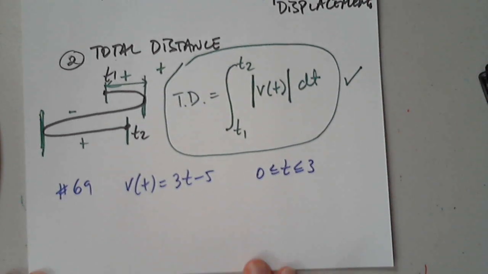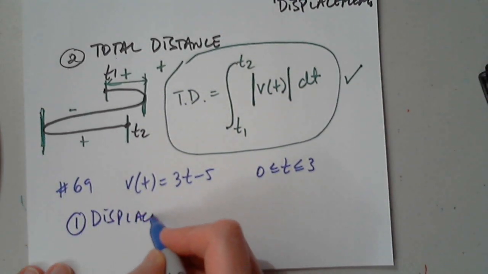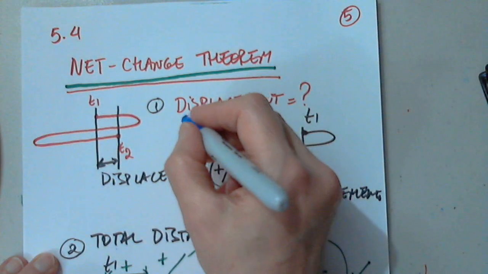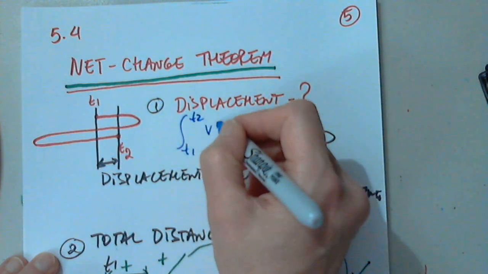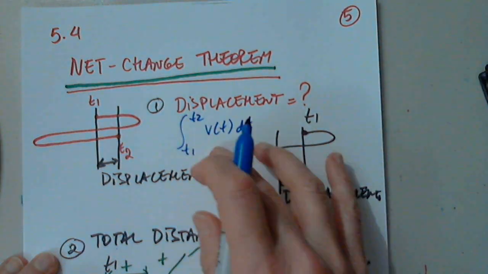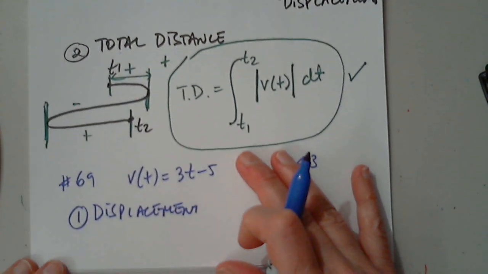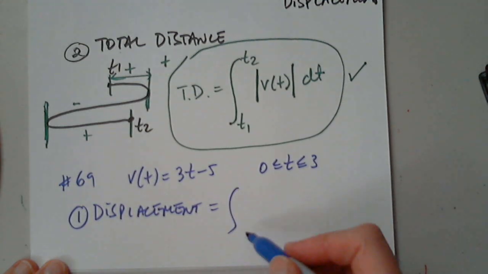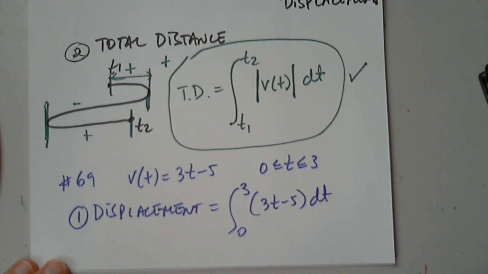Okay, so first we're asked to find the displacement. The displacement is the integral from t1 to t2 of v of t dt. No absolute value. That's why the answer can be positive or negative. So for the displacement, we have the integral from 0 to 3 of 3t minus 5 dt.